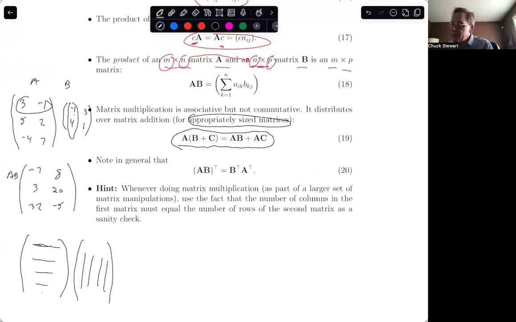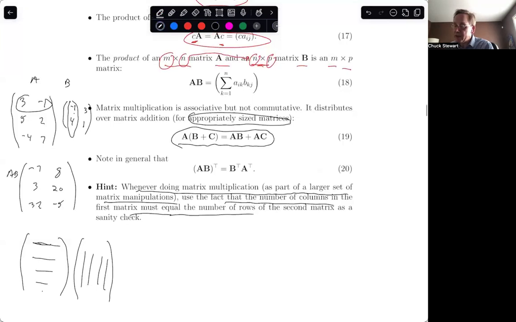One hint, whenever doing matrix multiplication as part of a larger set of manipulations, use the fact that the number of columns in the first matrix must equal the number of rows in the second, as a check on compatibility. And it's a sanity check to make sure you've actually done your math right.